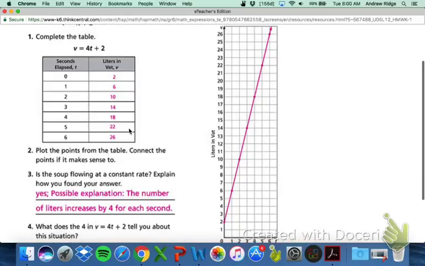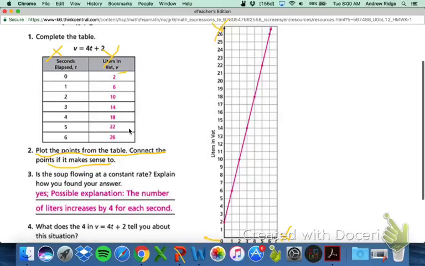Okay, over here it says plot the points from the table, connect the points if it makes sense to. Now, what they're saying here is you want to plot the points, this going on the x-axis, this going on the y-axis, right? Here's your x, here's your y. So at x, 0, that's this 0 right here.